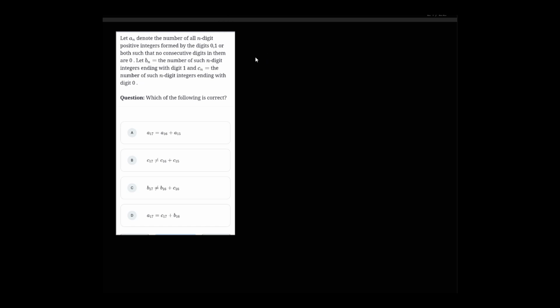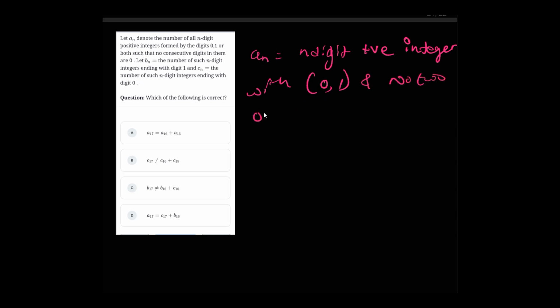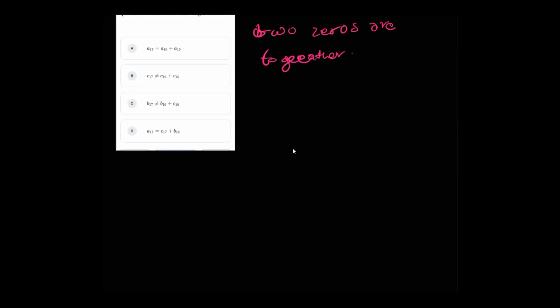Now they have given that An equals the number of n-digit positive integers with 0, 1 and no two zeros together.